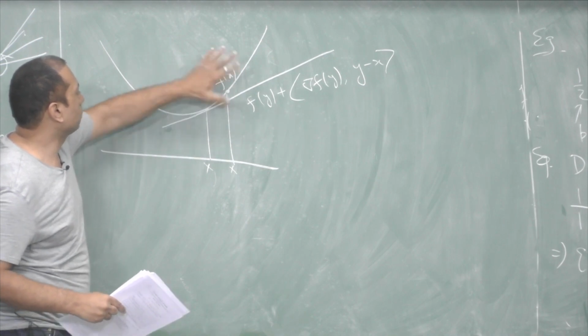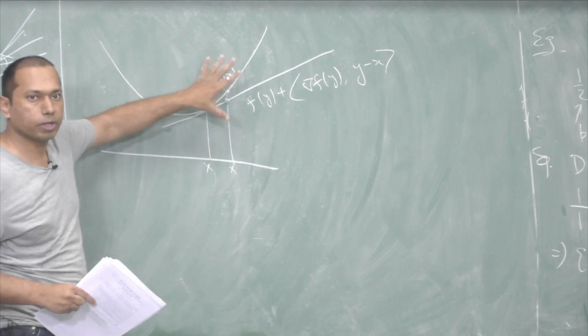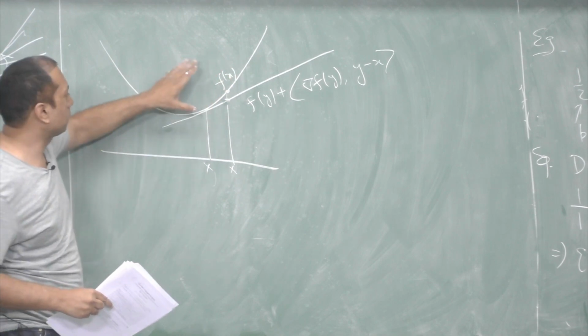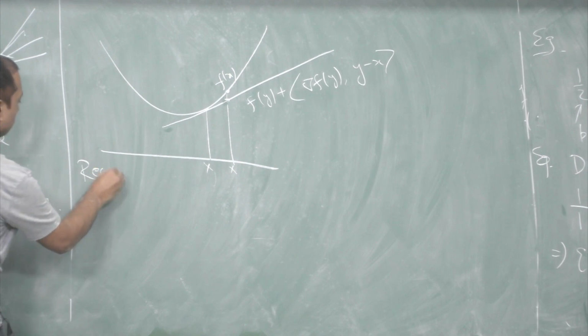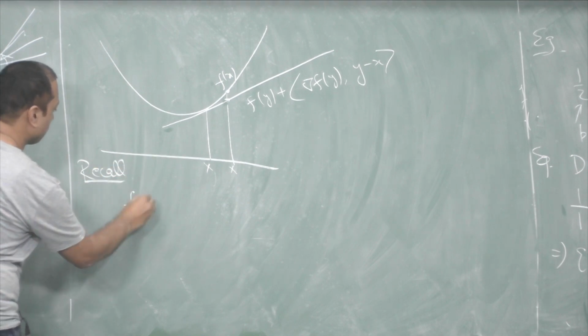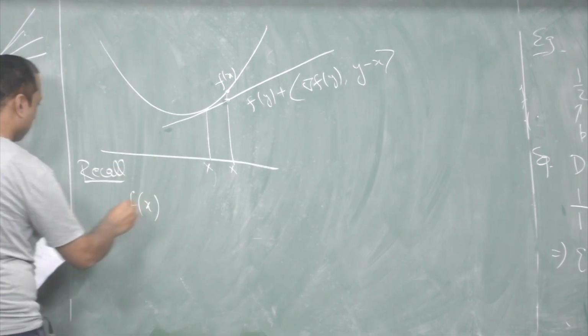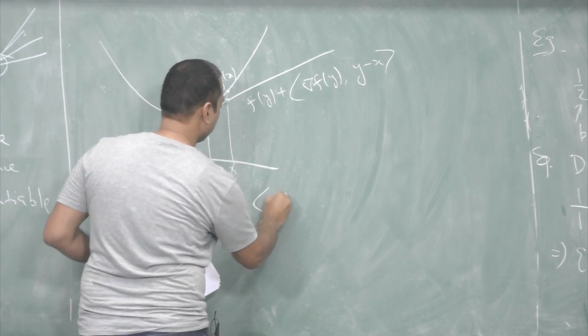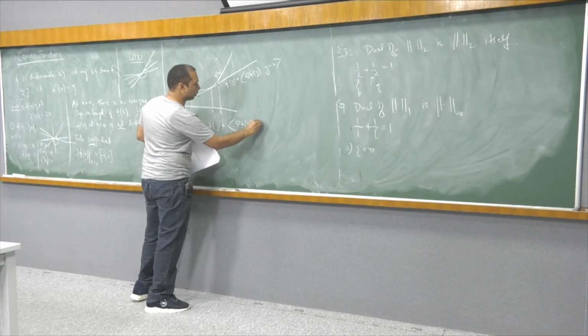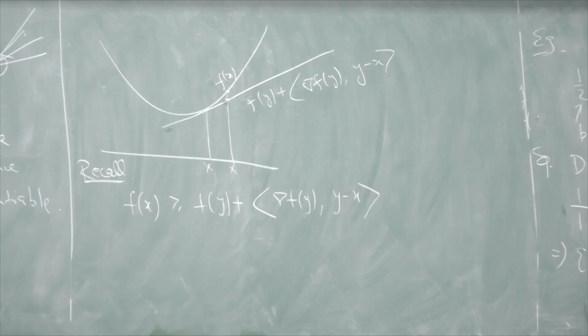This was the convexity definition. A differentiable function is convex if f(x) is greater than or equal to f(y) plus the inner product of grad f(y) and (x minus y).